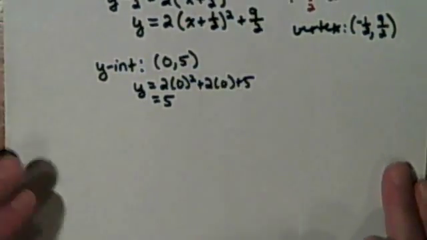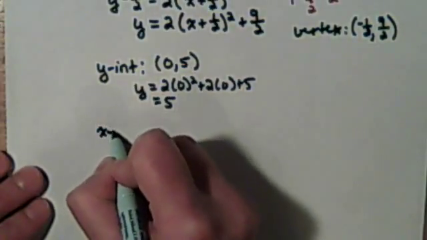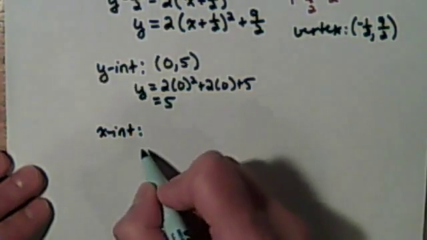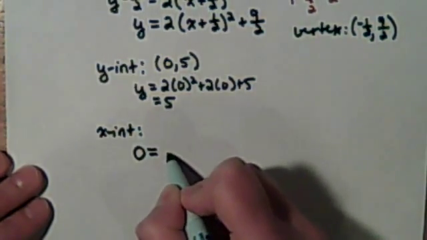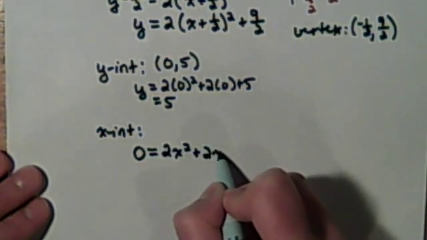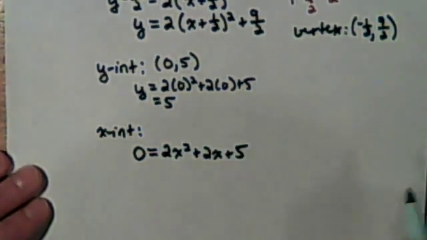Well, let's go back to that. If I want to find the x-intercepts, remember I let my y be 0, so I'm going to have 0 is equal to 2x squared plus 2x plus 5.